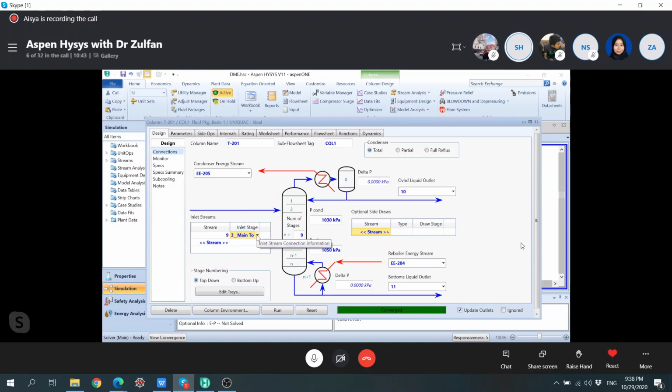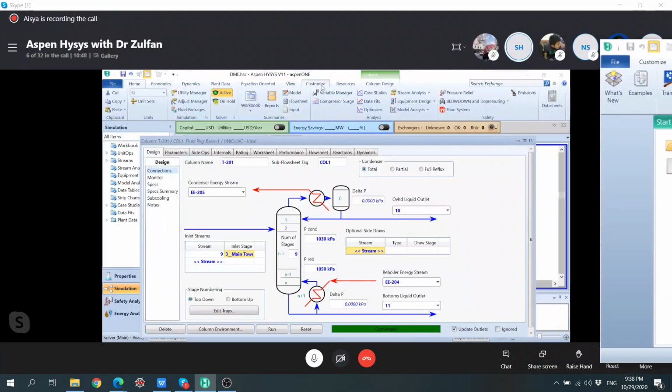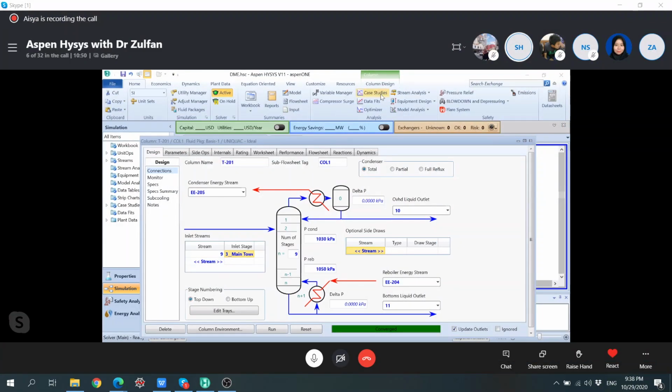In the palette of HYSYS, does it have a calculator or something? No, the data sheet. Can I open data sheet? What is that data sheet?